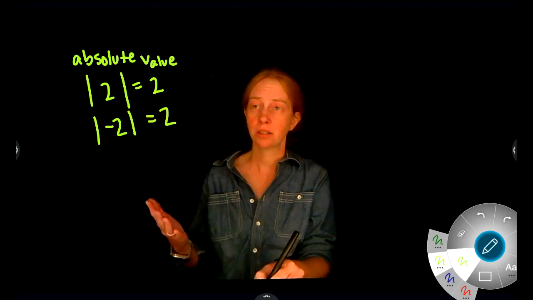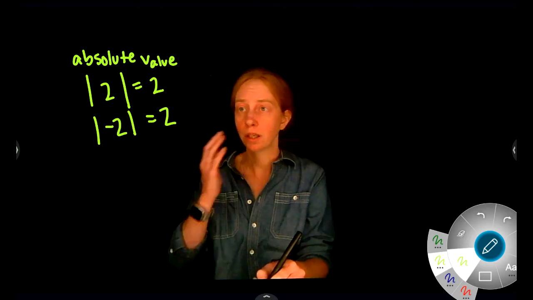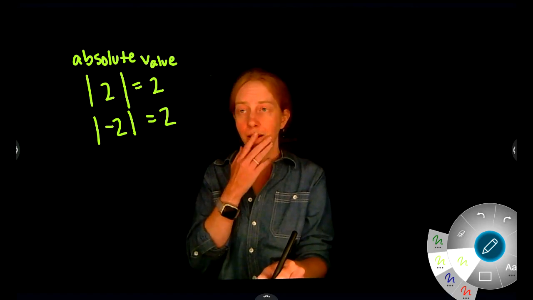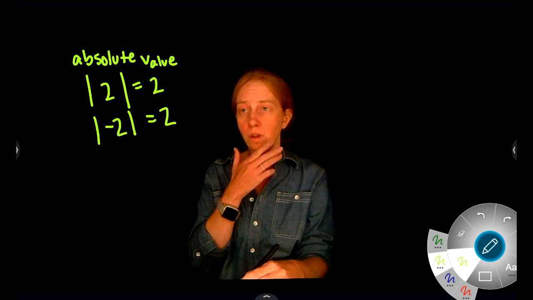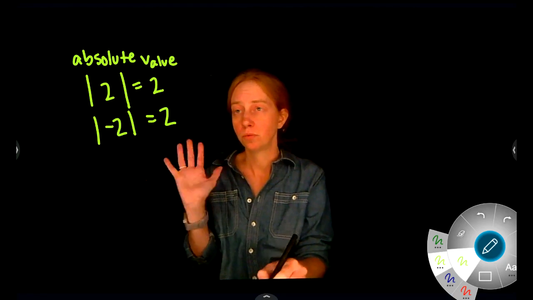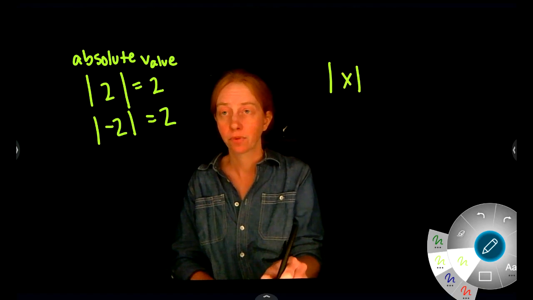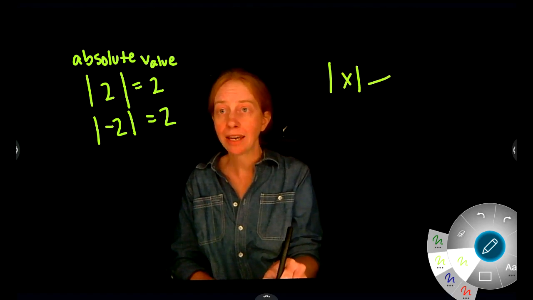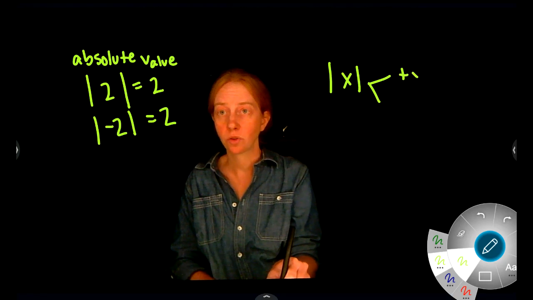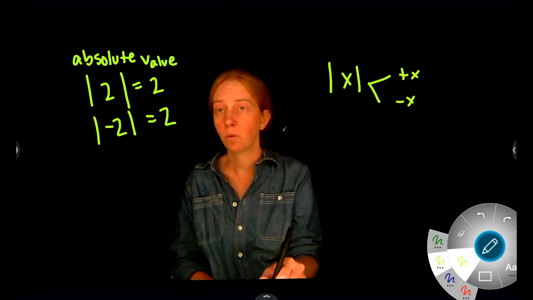A couple of things to know when you're working with absolute value, let me back up. If you had x, this could either be positive x or negative x. We don't really know.